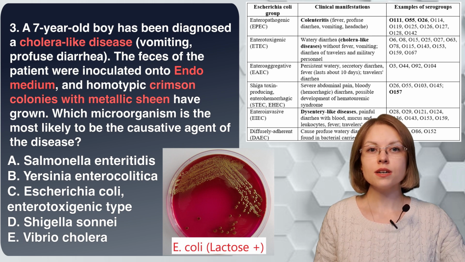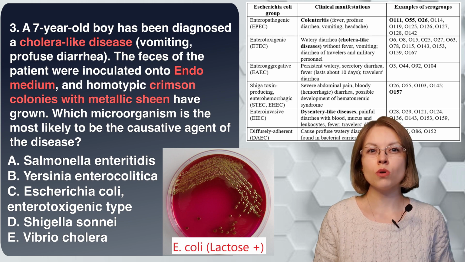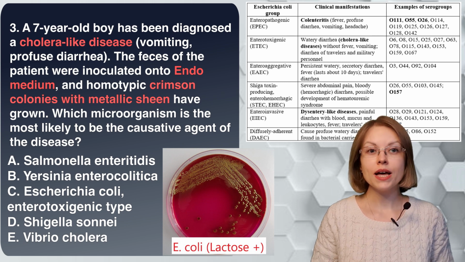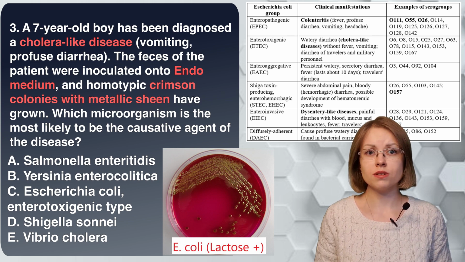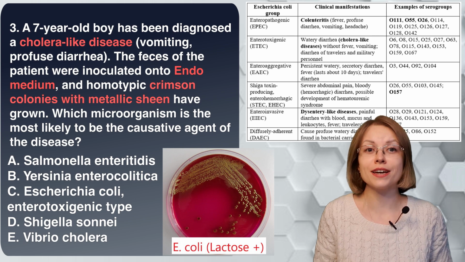We have just analyzed the growth of enterobacteria on Endo medium. By the way, Shigella sonnei grows as mucous pink colonies on this medium, and NAG vibrios aren't cultivated on Endo, especially since they are lactose negative.